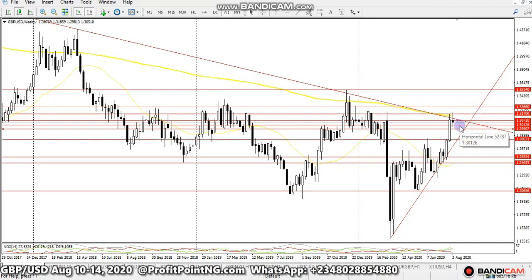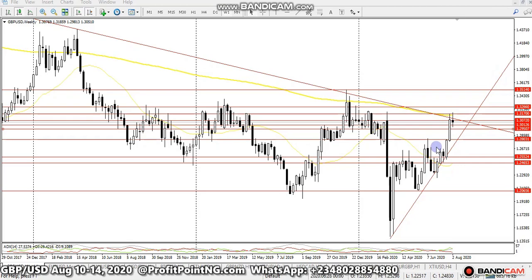In that video I did mention that the second pin here was almost being blurred out of the view of a casual trader, and that the pin is going to reappear. Now that the second pin has reappeared, that was the reason why we took our sell positions last week.